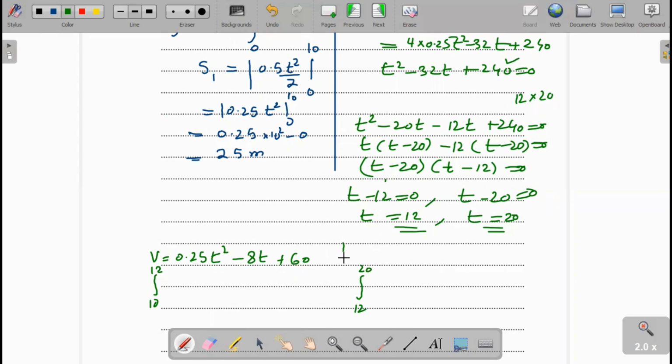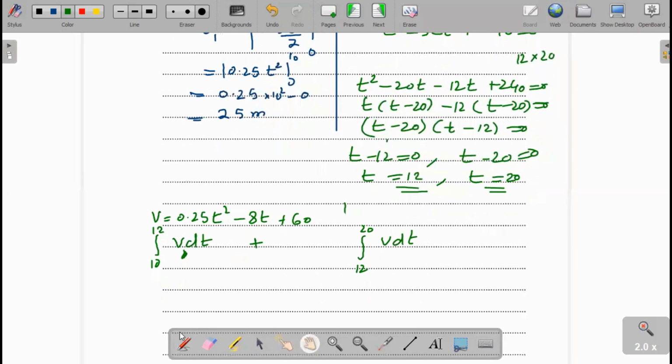In the first interval, we find the distance by integrating v dt. We get the distances S1, S2, and S3.